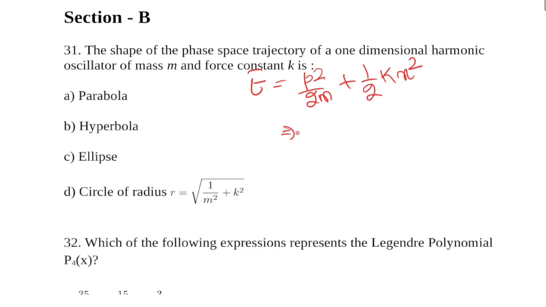So from here you can write p square by 2mE plus x square by 2E by k equals to 1. So this will give you the equation of an ellipse. So the shape of the phase space trajectory here will be an ellipse.